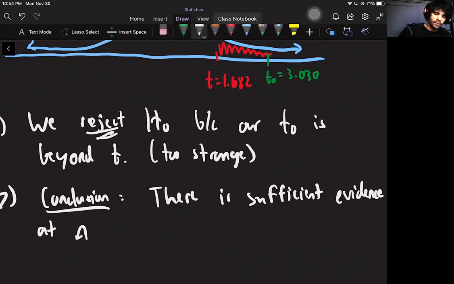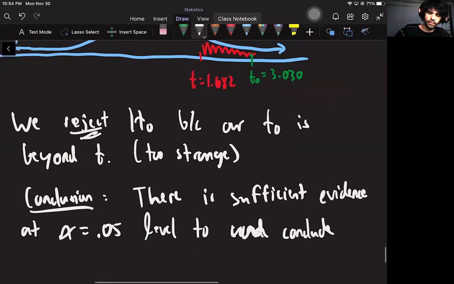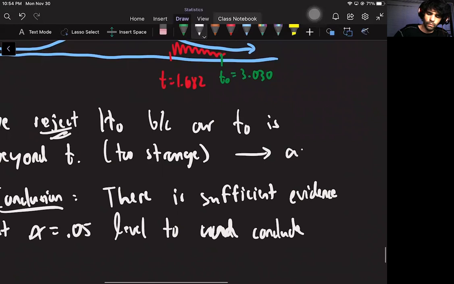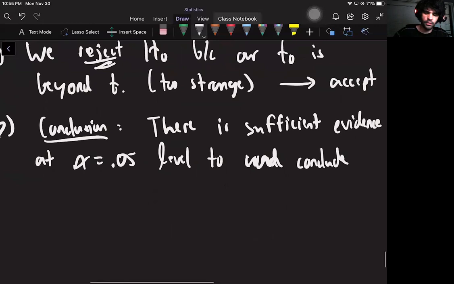You have to say at what level, because it could change depending on what level you decided at the beginning. To conclude what? Well, really, we're accepting the alternative hypothesis, which is that the mean is actually bigger than 69.5. So in words, we're concluding that the US presidents are taller than average.